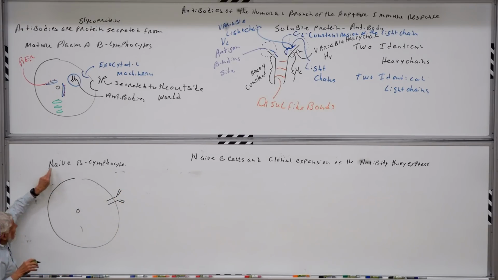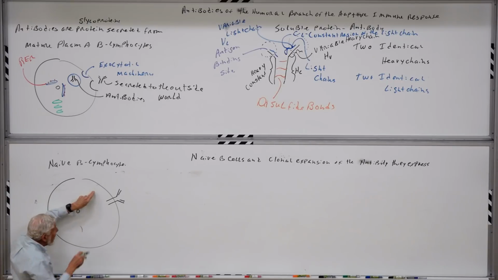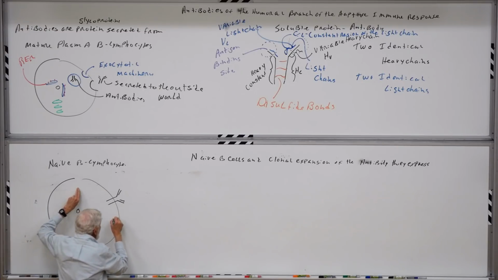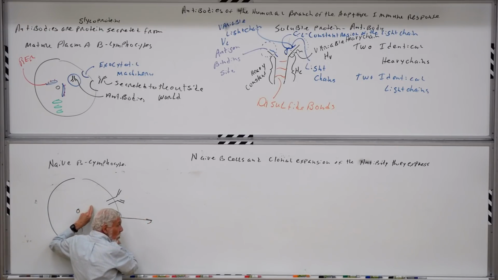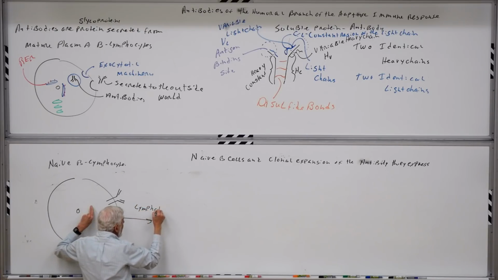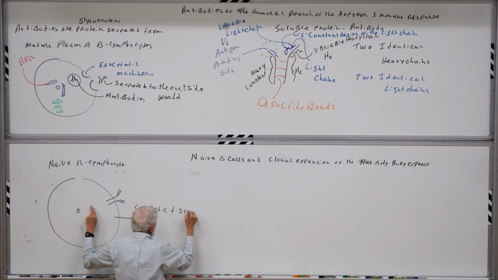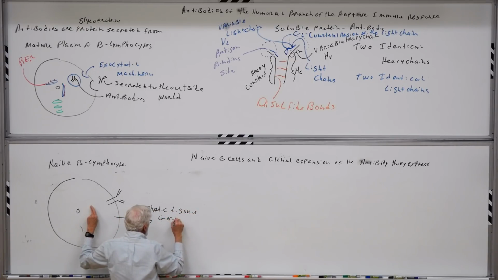So this is a naive B cell that's just been born in the red bone marrow, and it's used that trick I showed you on the slide to generate a protein and put it out on its surface as a transmembrane protein. This naive B cell then leaves the red bone marrow and goes to lymphatic tissues, germinal regions.